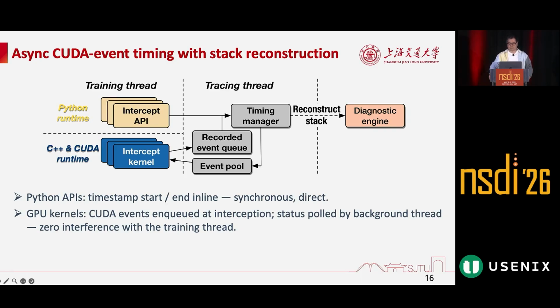So for GPU kernels, we insert CUDA events at the interception time, one before, one after. We also have a background thread which polls those events to figure out when they actually complete on the GPUs. So the training speed is never blocked. This is how we keep the overhead down to less than 0.5%. We will show this in the evaluation.